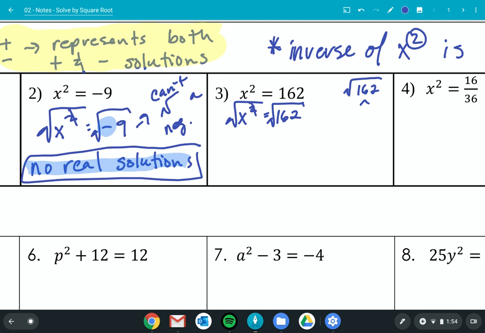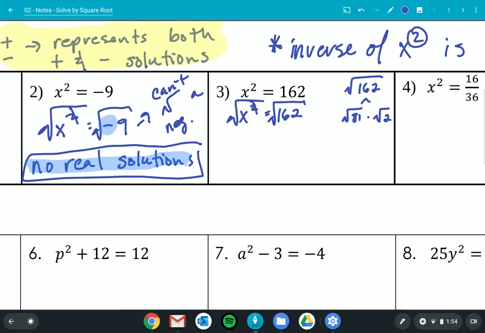So the square root of 162 here is going to be the square root of 81 times the square root of 2. So the square root of 81 then turns into 9, plus or minus because it's a square root, times the square root of 2. Now, if you found a smaller number that was a perfect square, you may have to continue to break down the other square root.